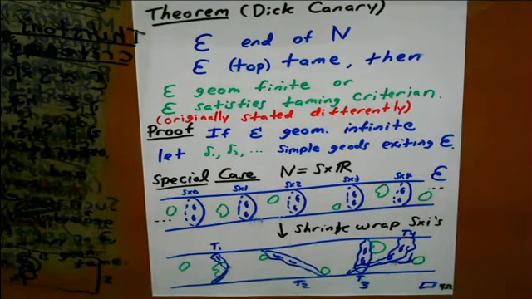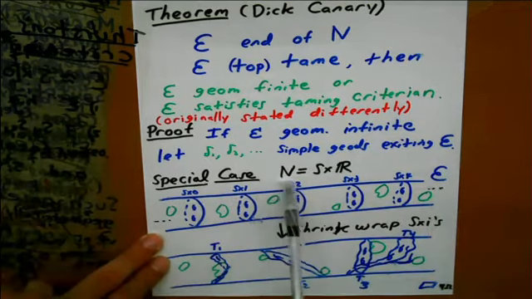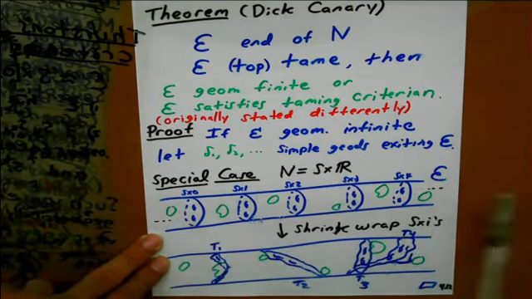And here's the proof. Just stare at this picture. Look at the case where the manifold is just surface cross R. Now, if it's geometrically infinite, Francis says there's a sequence of closed geodesics that are exiting the manifold.